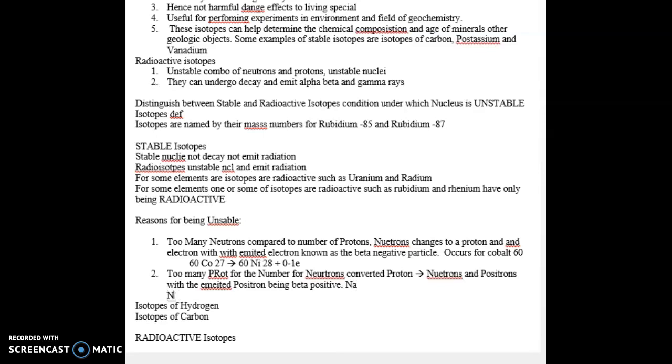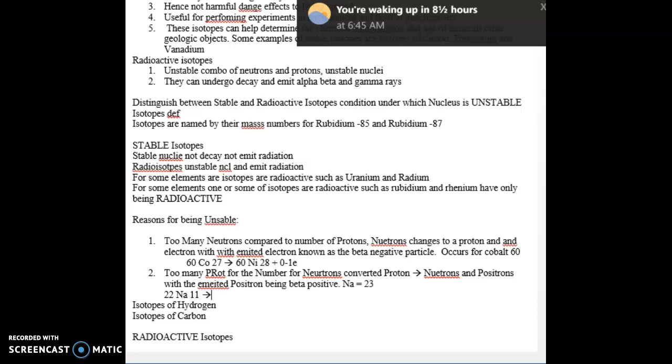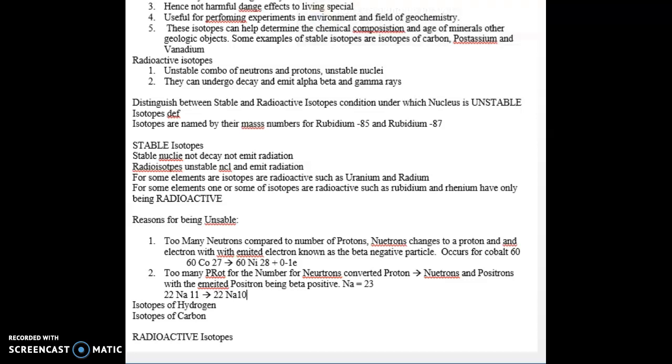So in normal conditions sodium has an atomic mass of 23, but this isotope is sodium 22 with atomic number 11.